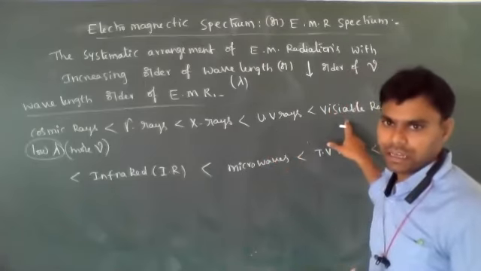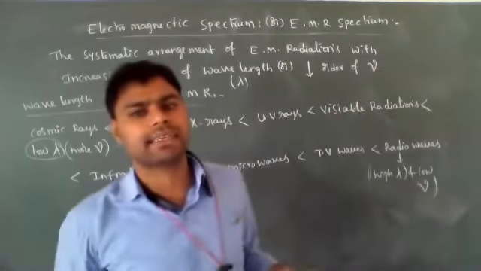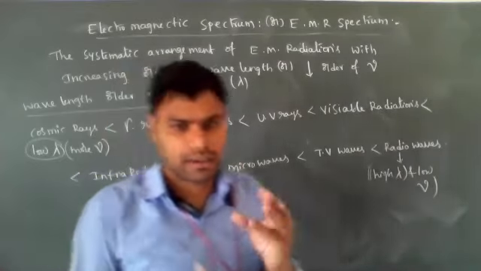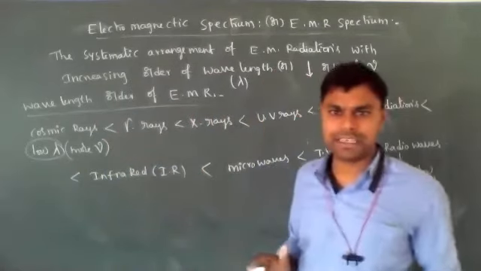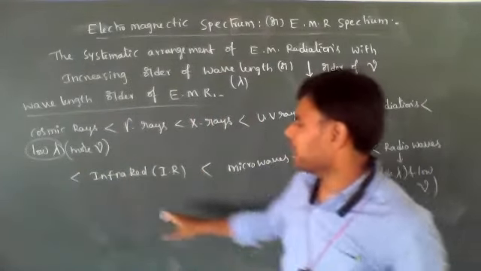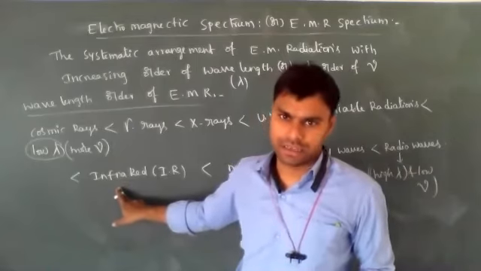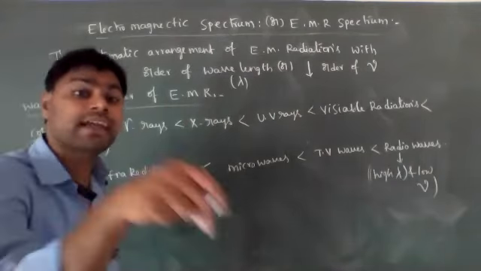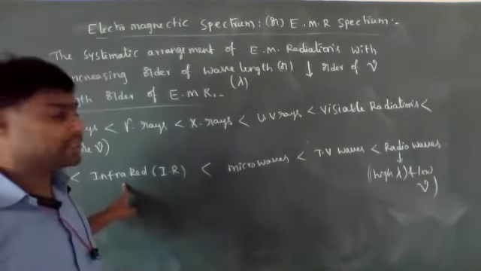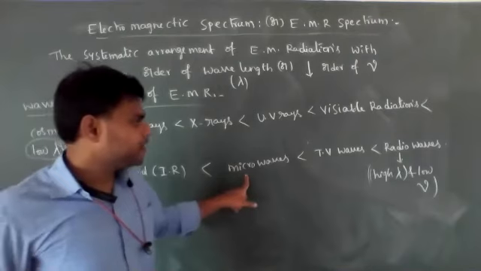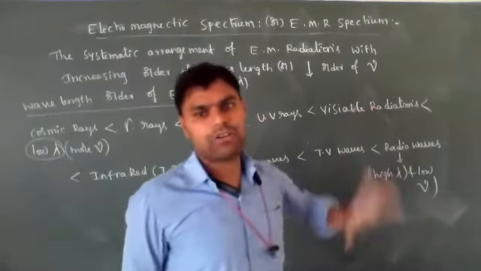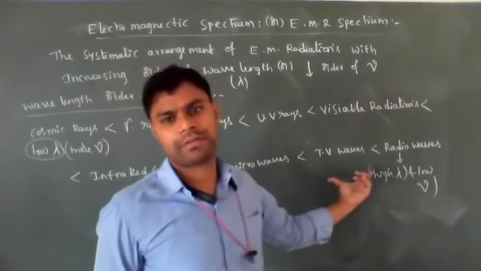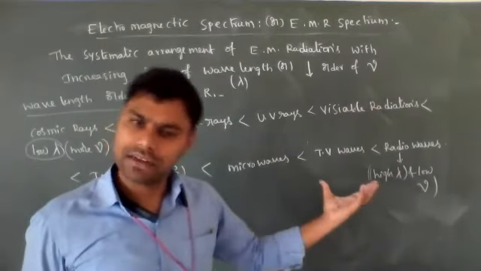Visible radiations, or visible light, contain 7 colors: VIBGYOR. Next, infrared radiations, IR radiations, are mainly useful for detecting the functional groups present in organic compounds. Microwaves, TV waves, and radio waves we mostly use in communication.